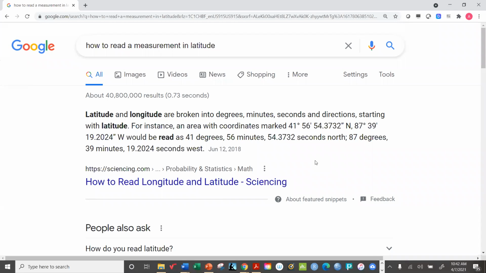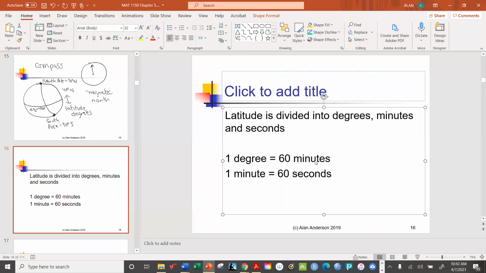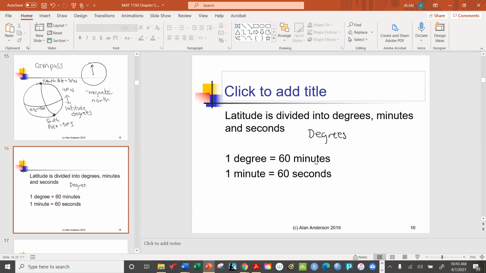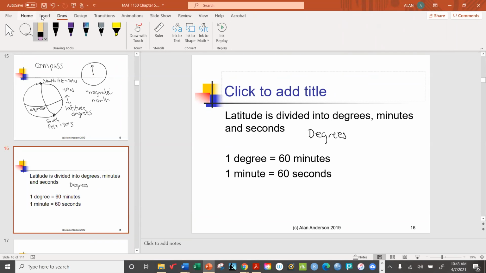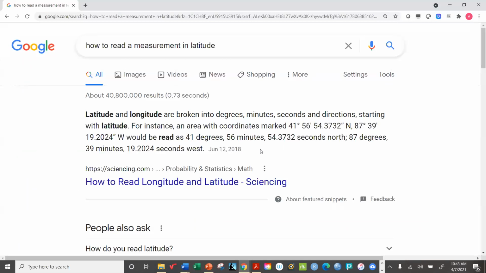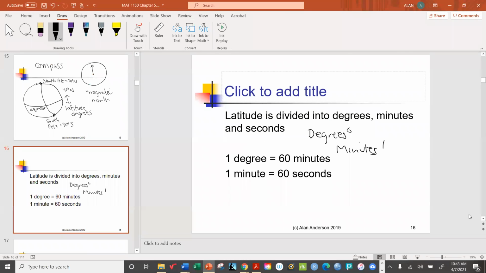And if you notice the symbols that they use, which are pretty cool, the symbol for degrees is this little circle. Minutes are expressed with that little single apostrophe, I guess you could call it. And then seconds are represented with, I guess you could call it, double apostrophes. I'm not sure if there's a proper name for that symbol or not.